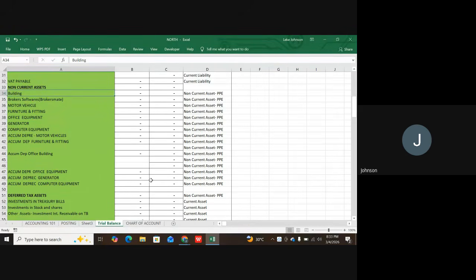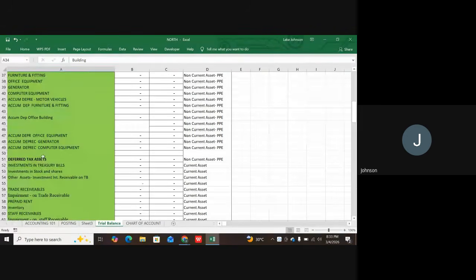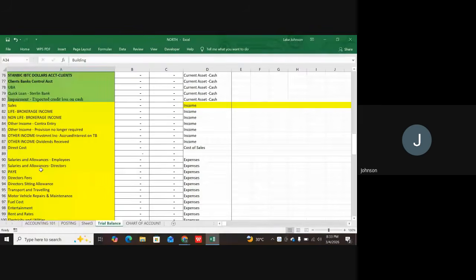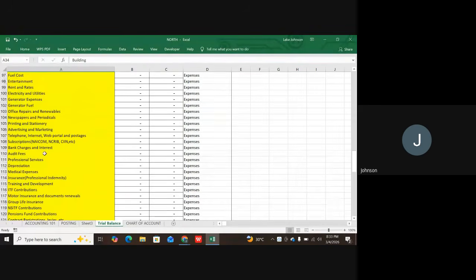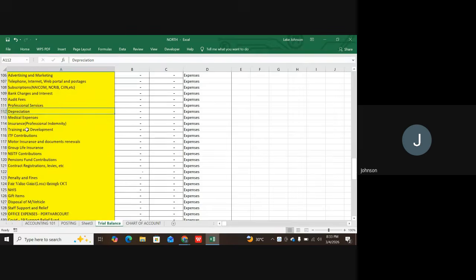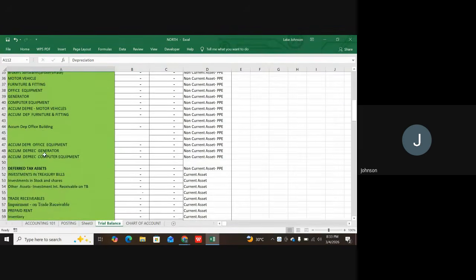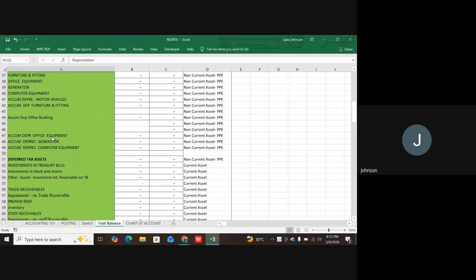How to actually account for all those things, how to capture your asset, how to get the accumulated depreciation. Then when you're doing your expense place, you are going to have an expense that also indicates that is depreciation. So we have depreciation for the year, which comes to this account. Depreciation for the year will come to this account as well. It will also go to the accumulated depreciation account. So that is the second leg.